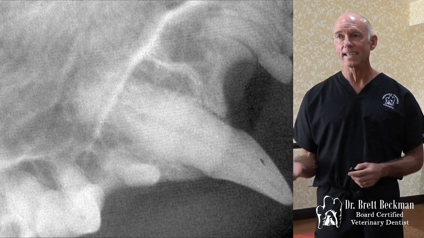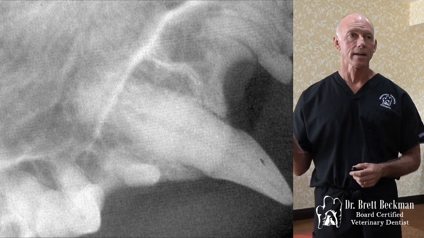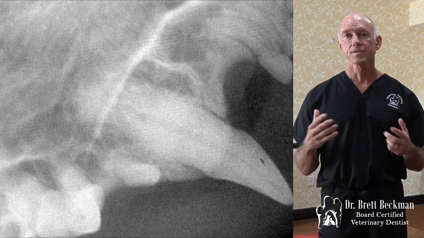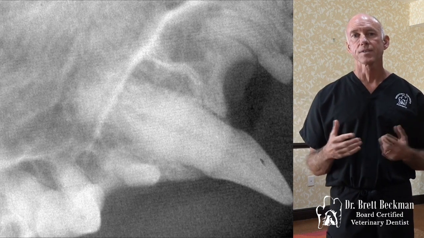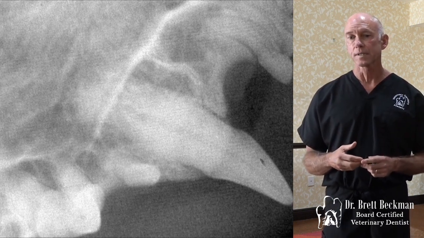If this cat's 15, I'm not worried about that. That's not going to advance to the crown by that time. So you have to take into consideration the age of the patient and the extent of the resorption.